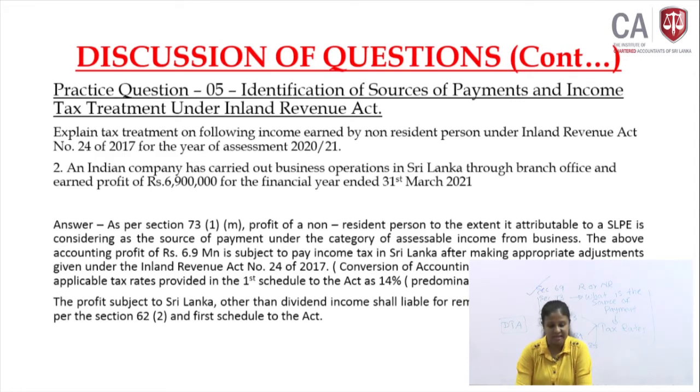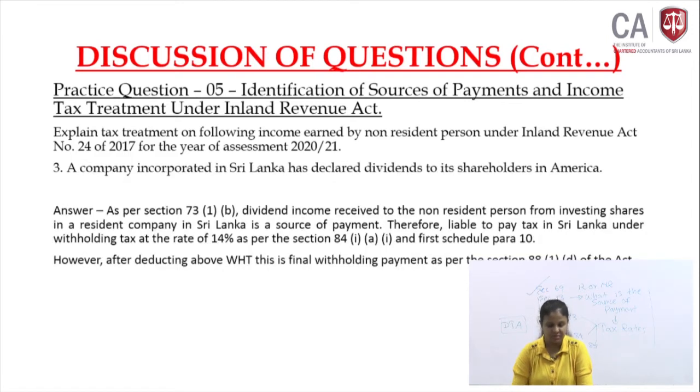I think this second question, the identification of source and the tax rate, is clear to you. Then we will come to the third one. A company incorporated in Sri Lanka has declared dividend to its shareholders in America. Now, a resident company has declared dividend to a non-resident person.